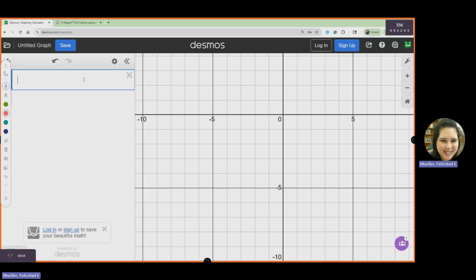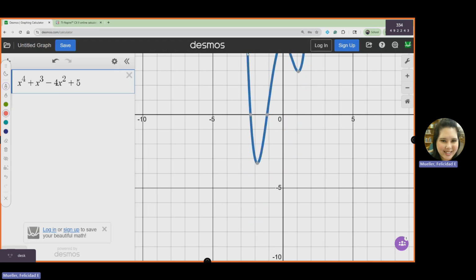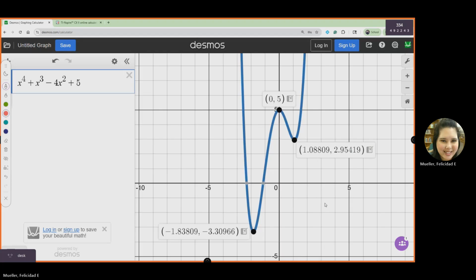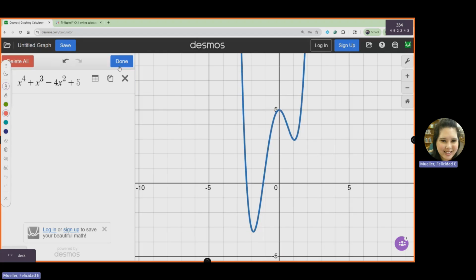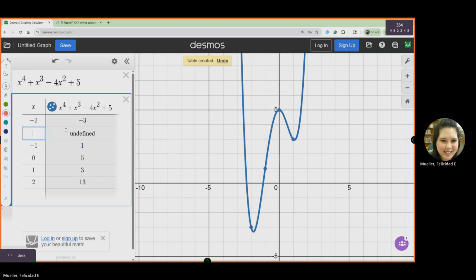So we have x to the 4th plus x cubed minus 4x squared plus 5. So I'm going to move so I can see it as needed. So it looks like a lopsided W. So here are our turning points. Here are -2 here.